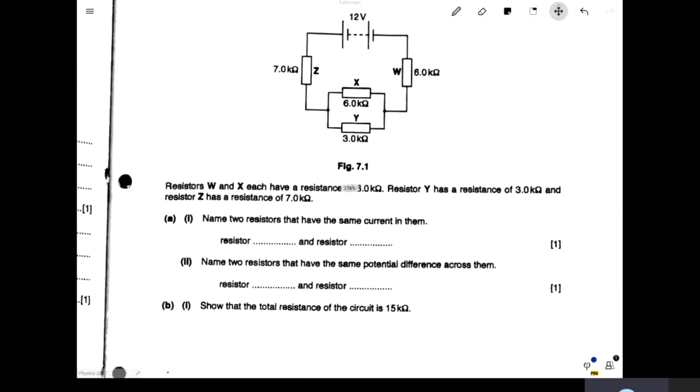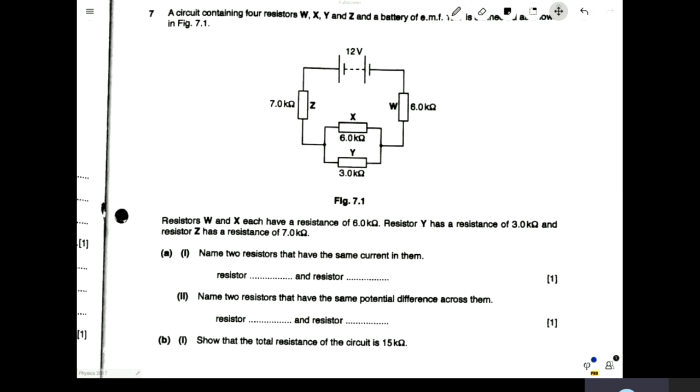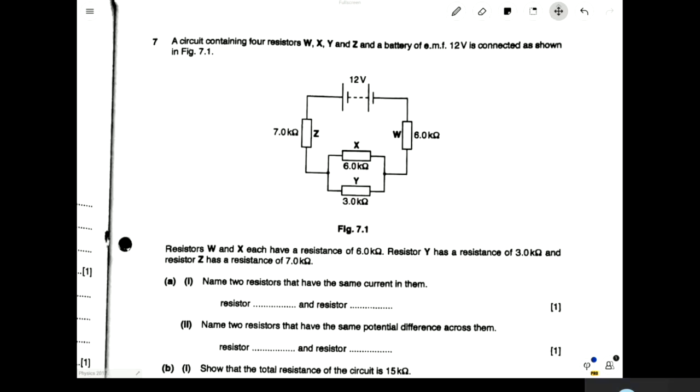Okay, formula again. We have a circuit containing 4 resistors W, X, Y, Z, and a 12 volt battery. First one, name 2 resistors that have the same current. It should be Z and W. Why?